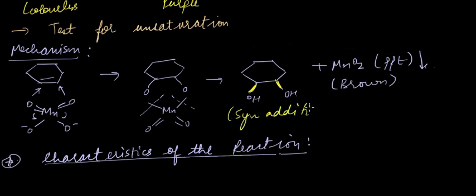As we saw in the case of H2 with Pd, Pt, Pd/Ni, in that case also the addition of two hydrogens was taking place either above the plane or below the plane. That was also an example of syn addition. Similarly, we also have the concept of syn addition in the reaction of alkene with cold alkaline KMnO4.